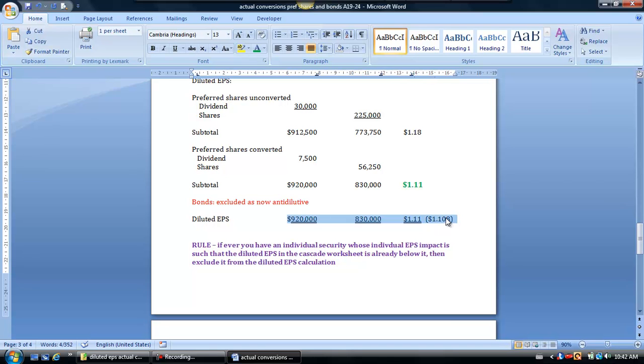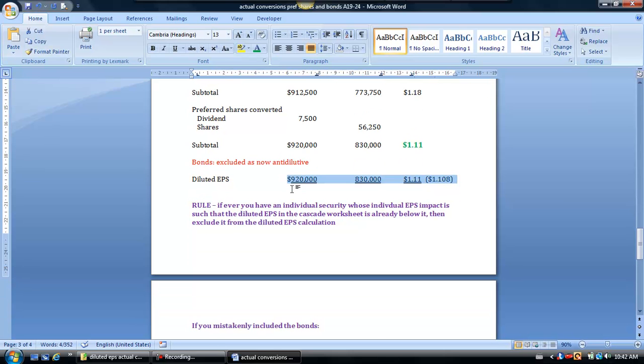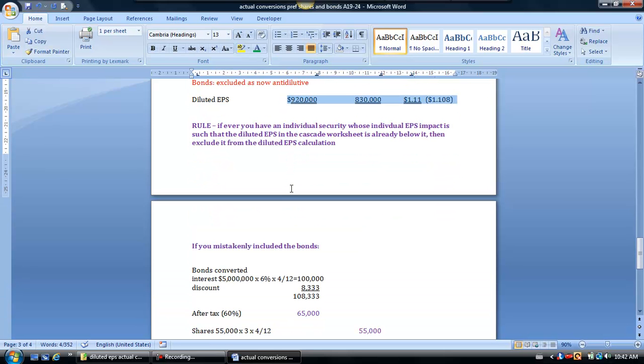10.8 cents, right? Now, if I included that bond in my diluted EPS calculation and mistakenly included it, what would I have done? I would have added that $65,000 after tax to the income, or interest expense after tax that I would have avoided had I converted the bonds earlier, and those 55,000 new shares would have been issued, right?